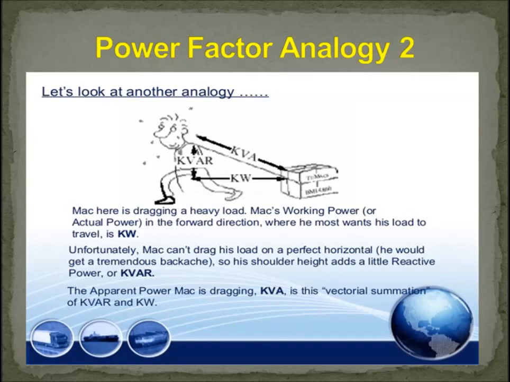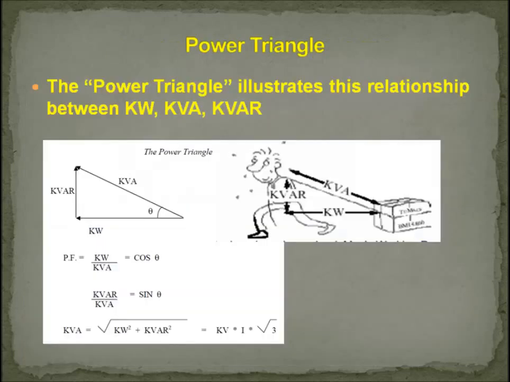He would get a tremendous backache, so his shoulder height adds a little reactive power, or kVAR. The apparent power Mac is dragging, kVA, is this vectorial summation of kVAR and kW. The power triangle illustrates this relationship between kW, kVA, and kVAR.